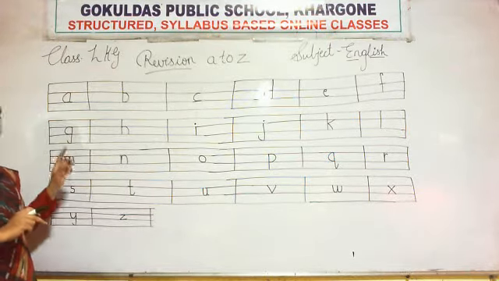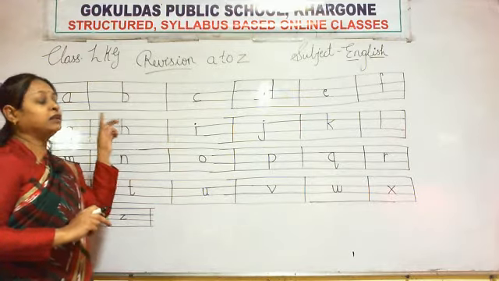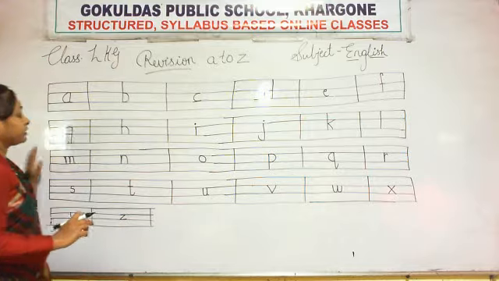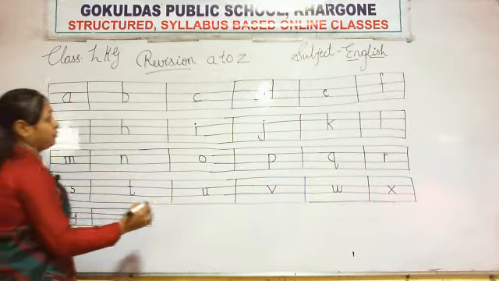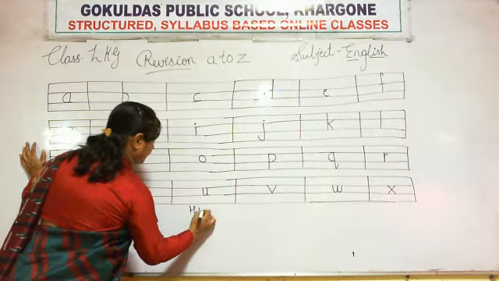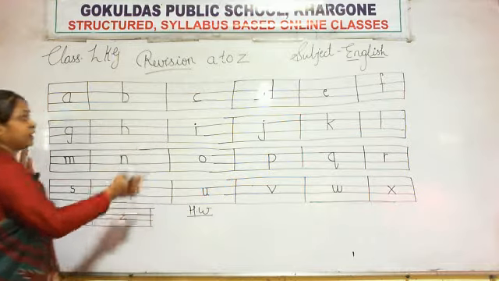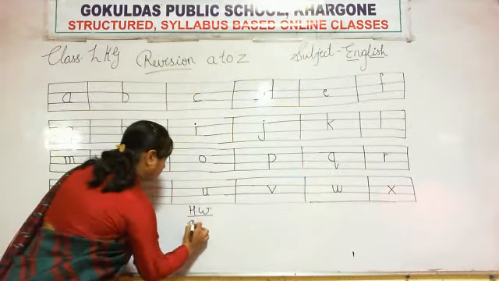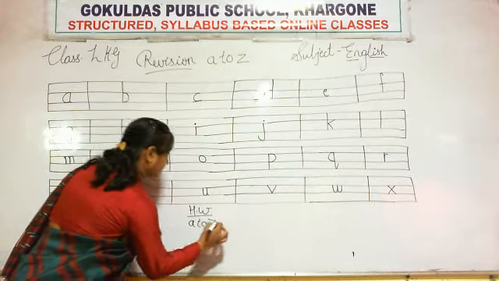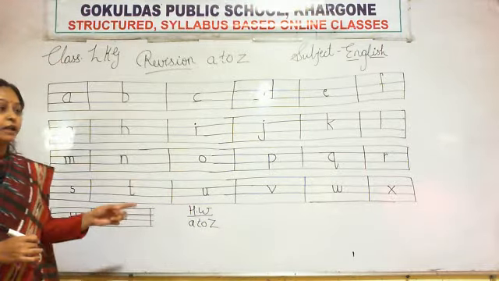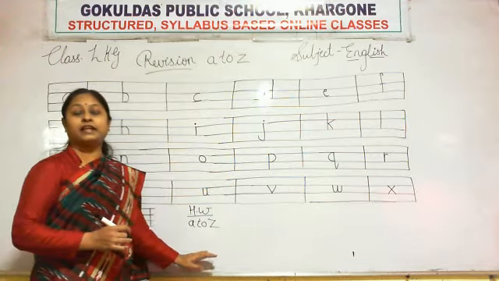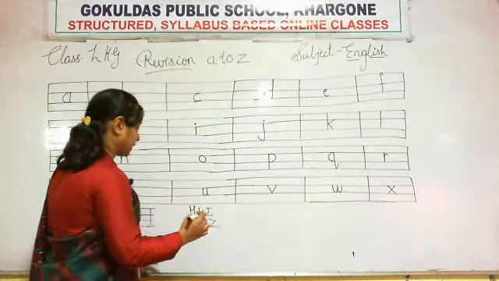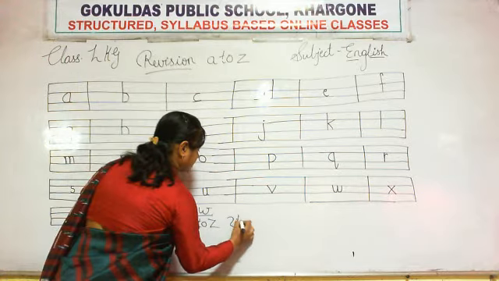What we have learned? We have learned small letters in sequence. So this is your classwork and your homework. Your homework is, again you have to write A to Z in your notebook 2 times. This is your homework.